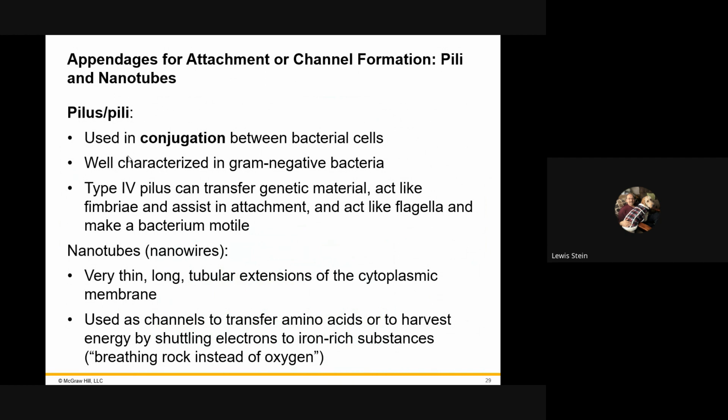I have this on handouts. For flagella, the repeat unit is called flagellin, and for pili, the repeat unit protein is called pilin. So it's not anything similar to what we have in our cells whatsoever. This tube effectively allows genetic material to transfer from one cell to the other, and we have a really good animation in the genetics unit.